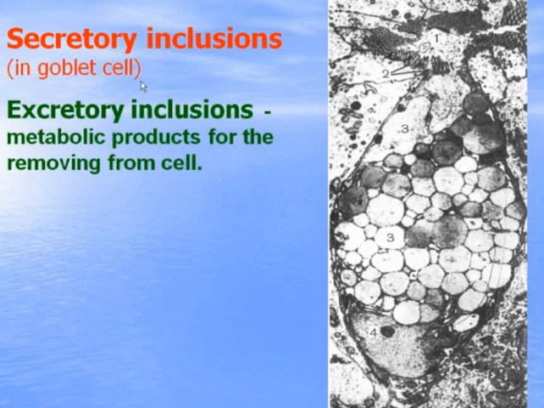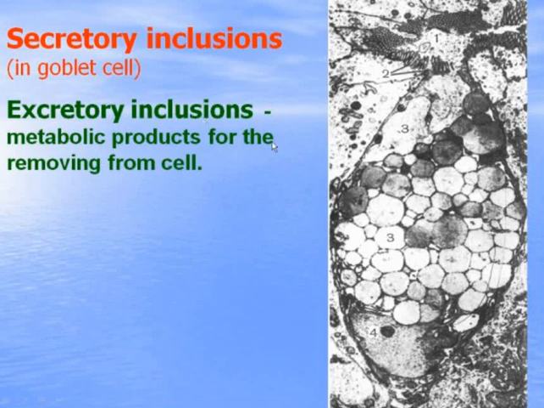Secretory inclusions, for example, in a goblet cell. This is a nucleus, and in the cytoplasm, the droplets of mucous secretion for release into the intestinal lumen.